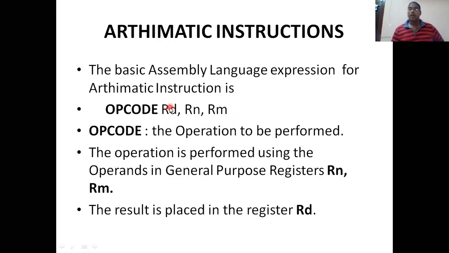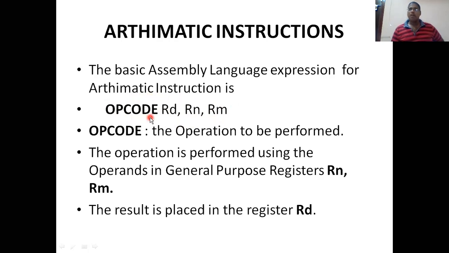I think you are all very familiar with the syntax of an instruction: opcode, space, operands. In this example we are having three operands, named RD, RN, RM. What is meant by opcode? Opcode indicates the operation to be performed.